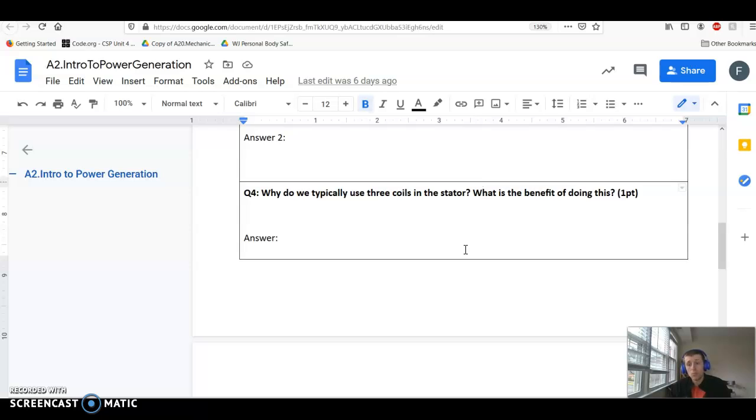So we don't want to just have 1 coil of wire, we want to have more, and 3 seems to be a good number. This also allows you to transport electricity more efficiently across 3 lines. If you ever see a high voltage power line, you'll see that it has 3 sets of wires. It's because there are 3 separate phases generating electricity in a power plant somewhere far away.